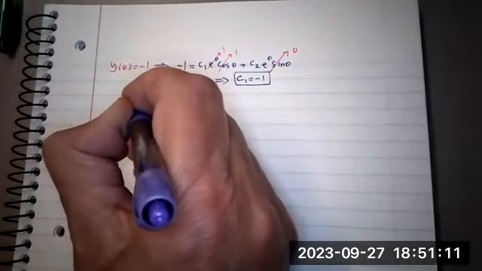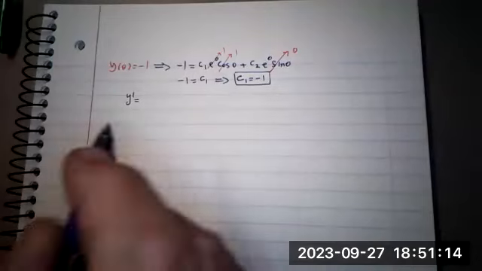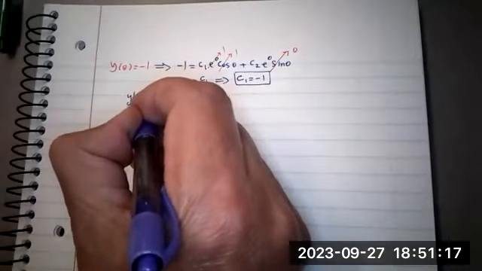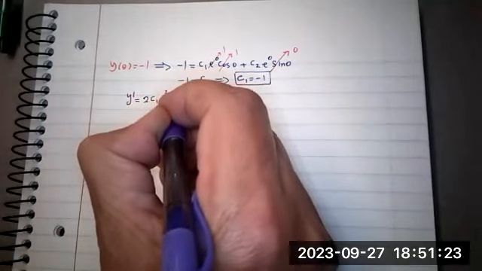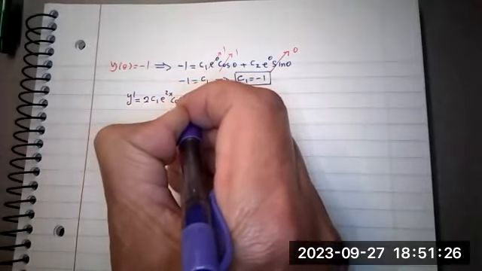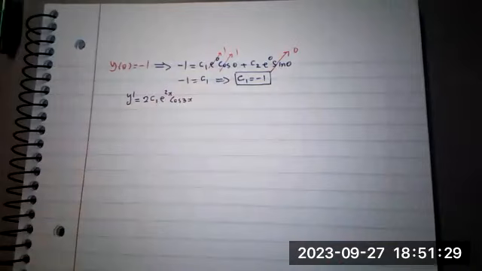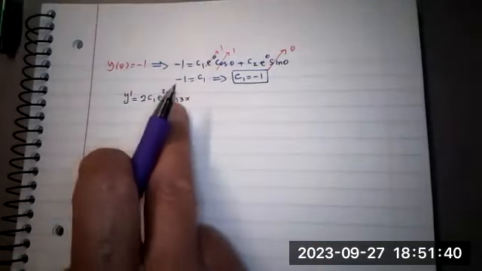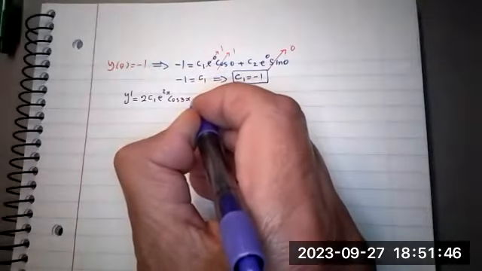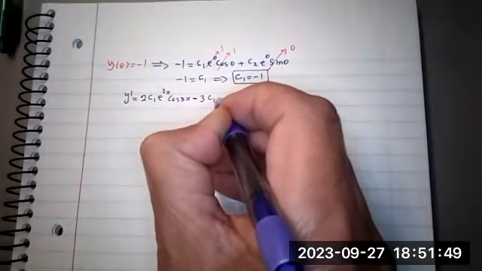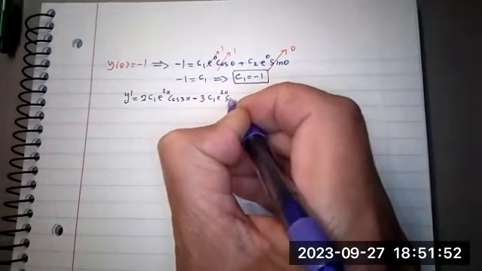It's going to be y prime equal to the derivative of the first one, the exponential function: 2c1 e to the 2x cosine of 3x, minus, the derivative of cosine of 3x would be negative sine, so 3 c1 e to the 2x sine of 3x, plus the derivative of the second one.